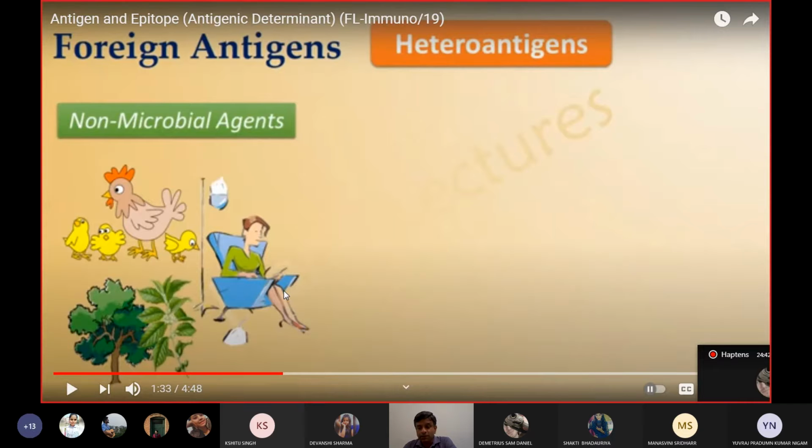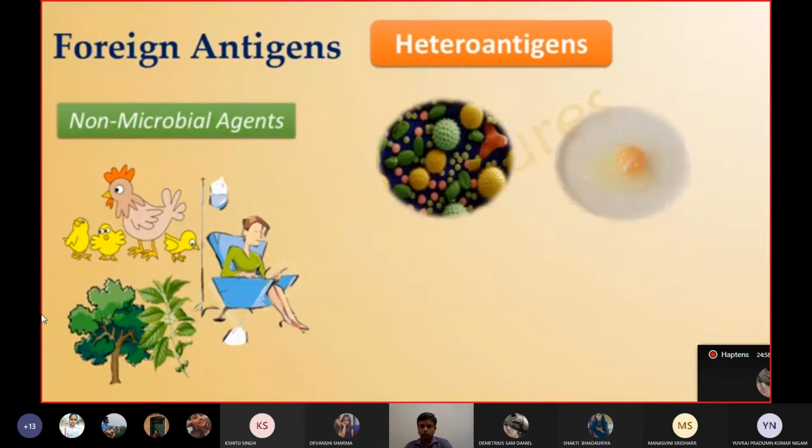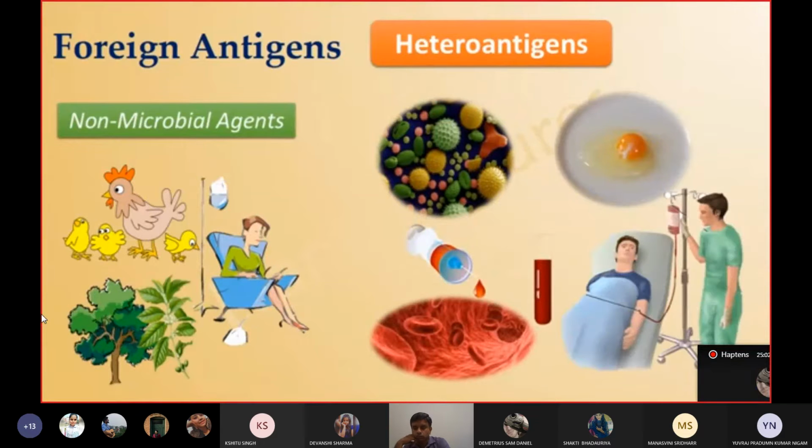If the antigens or the blood cells are different, then we cannot transfuse that blood. For example, pollen, egg white, serum proteins and blood cells from another individual, transplanted tissues and organs.